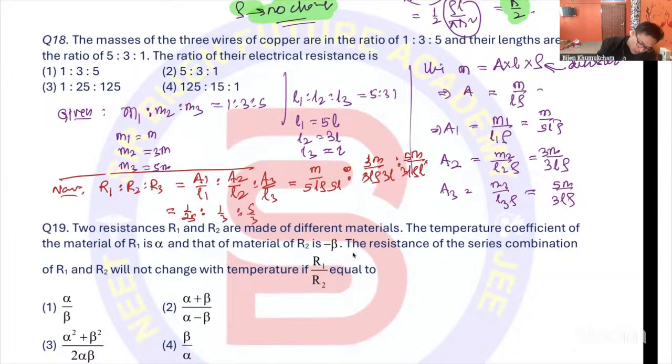Multiply all the terms by 3, and 25 into 3 gives 75. So the answer comes out to be 3 is to 25 is to 125. Let's recheck the answer.